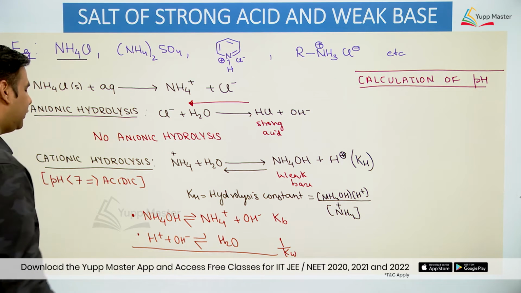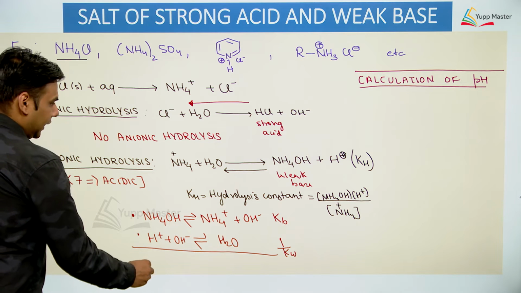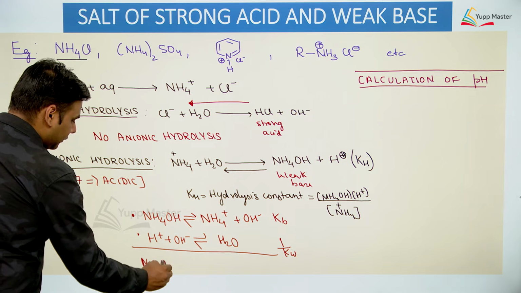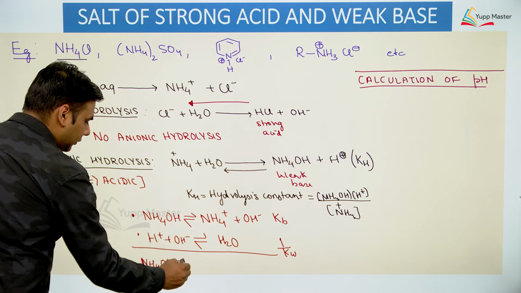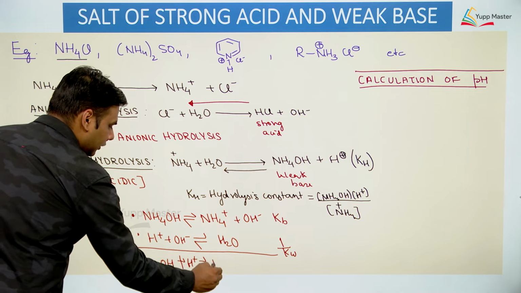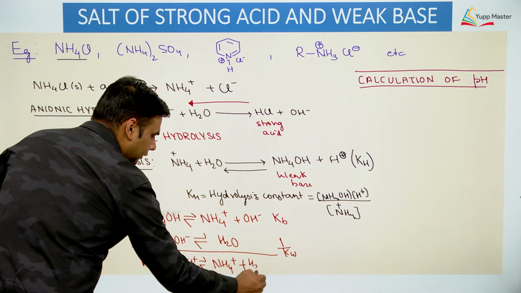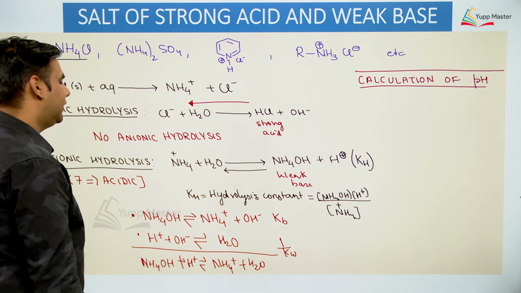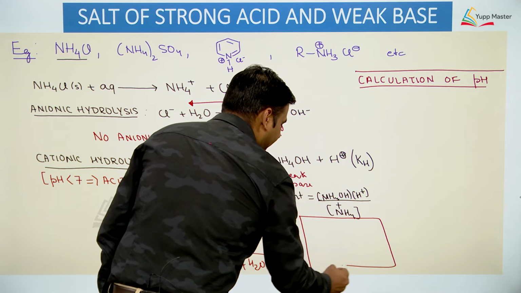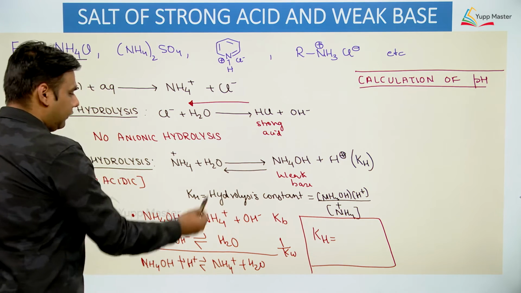Okay, now when we add these two reactions, the OH negative gets cancelled out, we get NH4OH changing into, H plus ion changing into ammonium ion plus water, right? So basically KH in this case would be, right, because this is the reverse of this reaction.